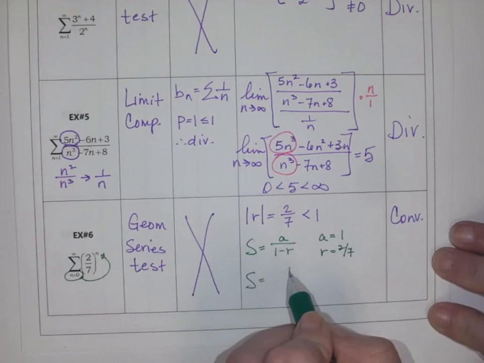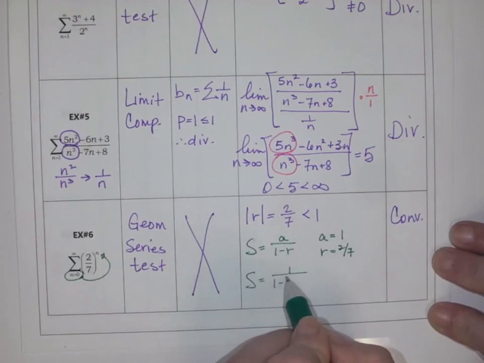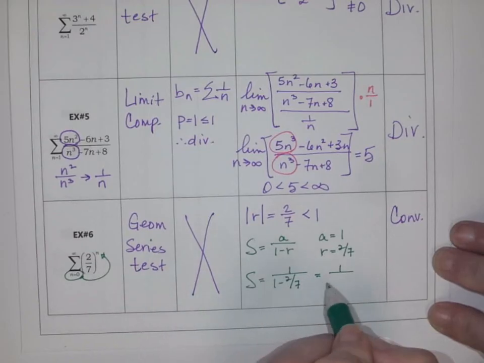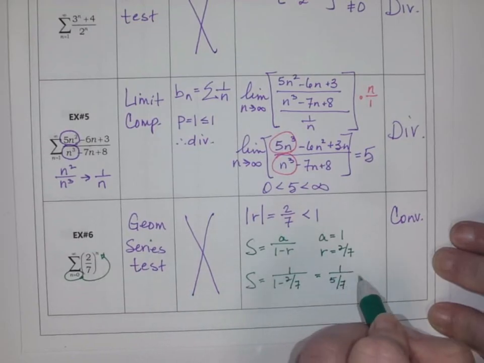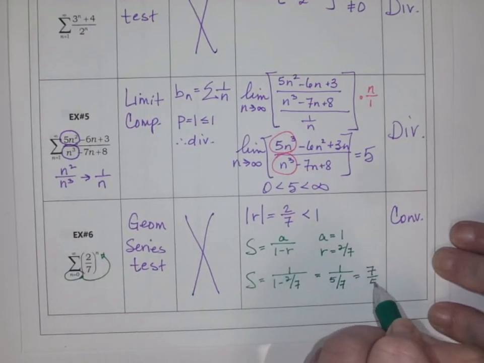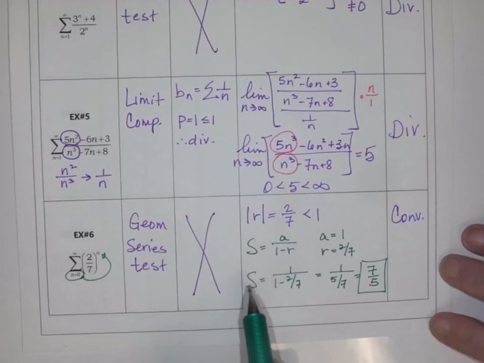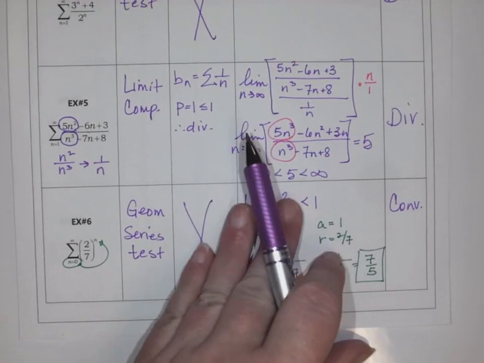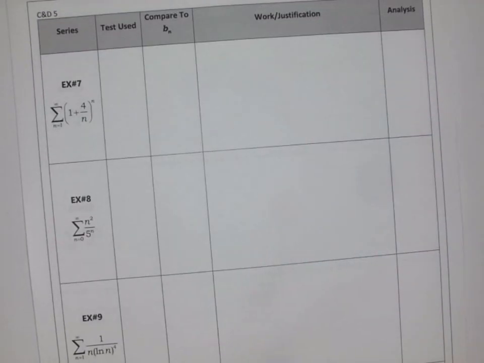So our sum is going to be 1 over 1 minus 2 sevenths, which is 1 over 5 sevenths, which is 7 fifths. So we know that this series will actually converge to 7 fifths. The partial sums will all start looking like 7 fifths. All right, we've got this one.